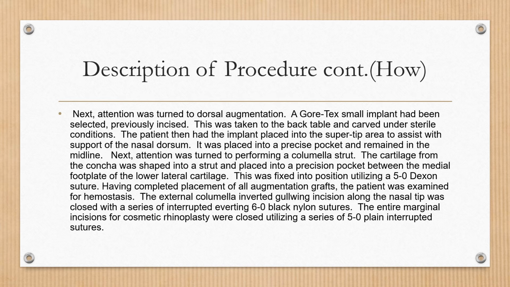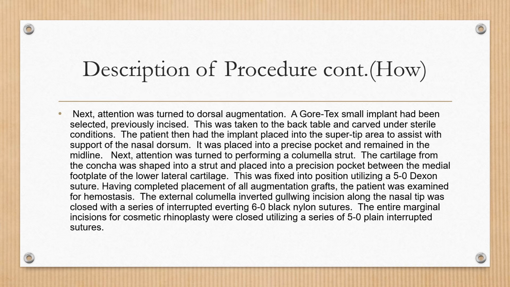So then next, our surgeon's attention was turned to the dorsal augmentation, where he utilized a Gore-Tex small implant, which was selected prior to the incision. This was taken to the back table and carved under sterile conditions. So they're still in the same OR suite, except for the implant that's being utilized.